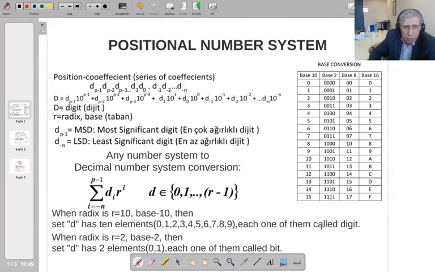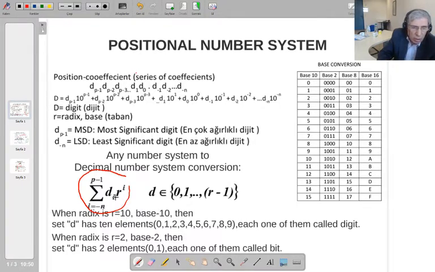Any decimal number can be represented in this form. What is this form? You've got this R, which is radix. Radix is the base. So radix is 10 if we are in decimal number system. So R is equal to 10.